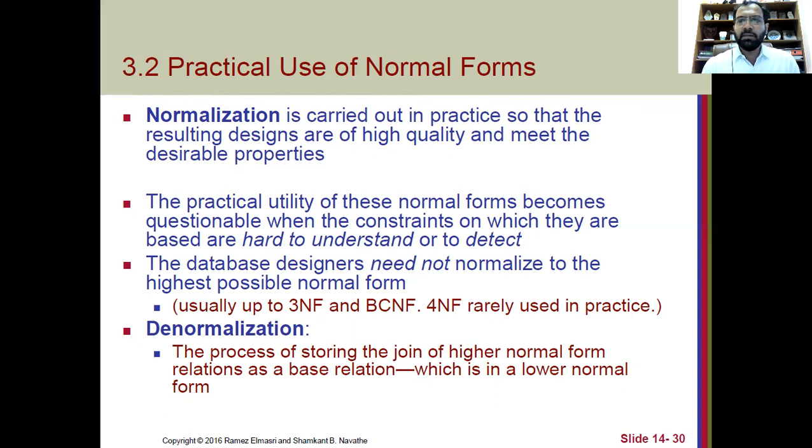And what is the desirable task for the database designers? All those database designers who want to develop a database schema for any given problem in any given domain need to normalize to the highest possible normal form. Let's assume we talk about the fifth normal form.